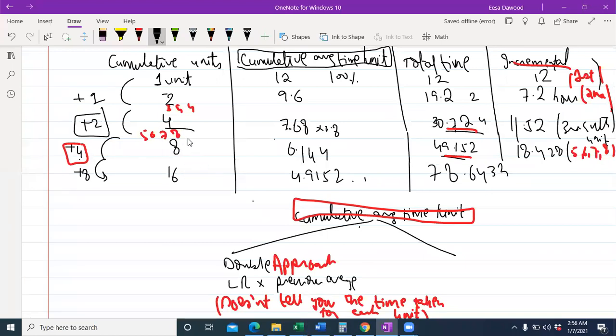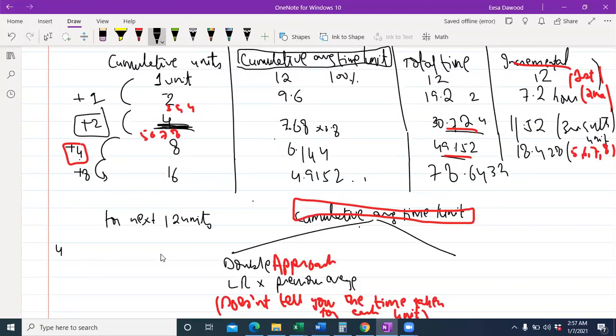For example, if you are done making the 4 units cumulatively, and now the examiner asks you to calculate the time taken for the next 12 units, how are you going to do that? 4 plus 12 becomes 16.